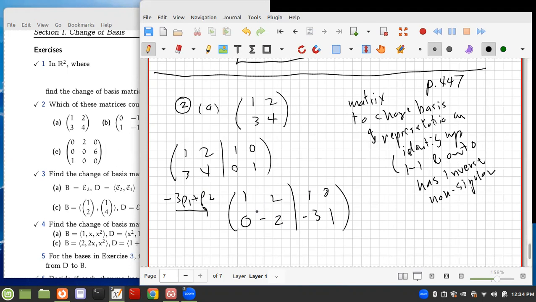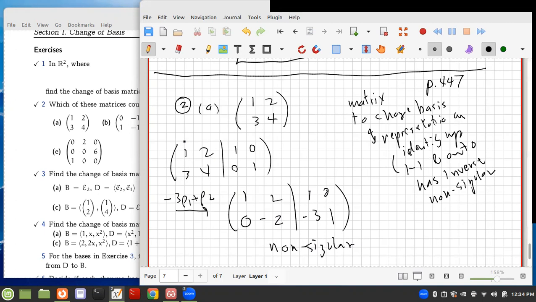You'd see this is already in echelon form, and both variables are leading, so it's going to be non-singular. So we can clearly put it into the right form. So it is non-singular.